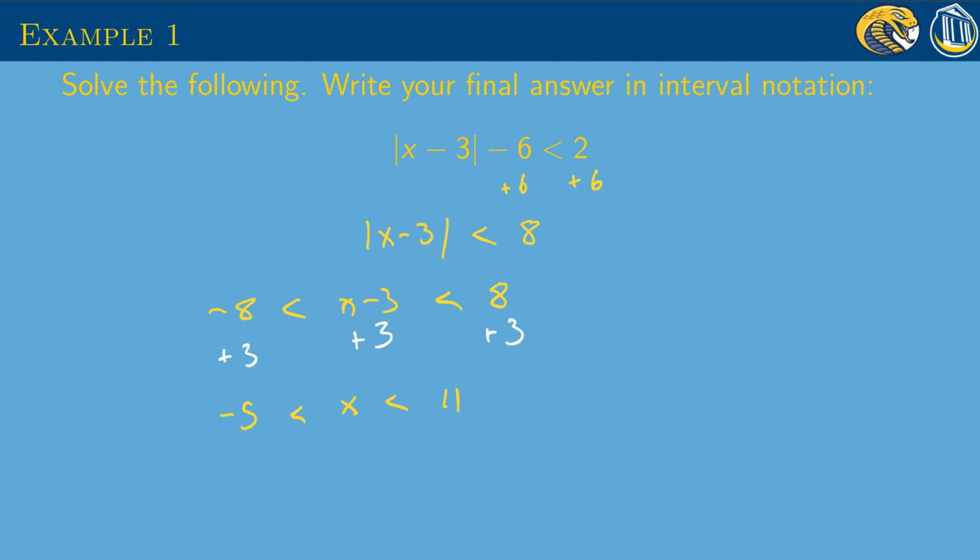On a number line, we could draw it out where negative 5 is here, 11 is here, and we would use round brackets like this. Alternatively, we could write this in interval notation as negative 5 comma 11, indicating that x is in between those two, but not including either endpoint.